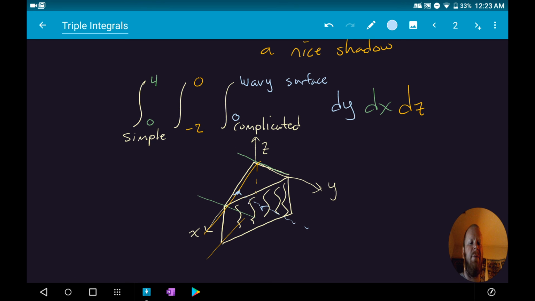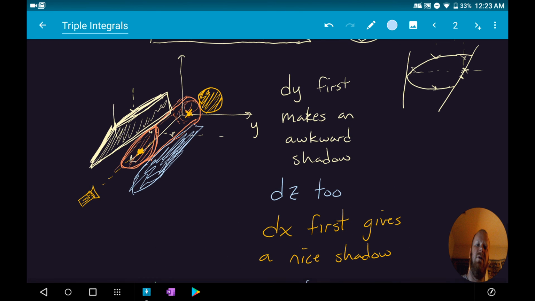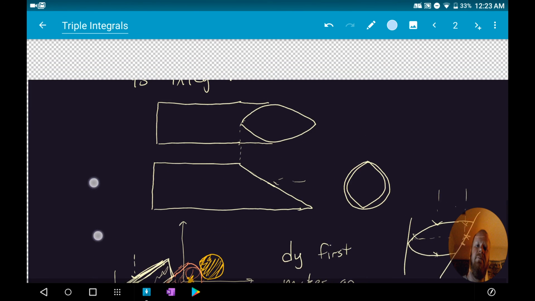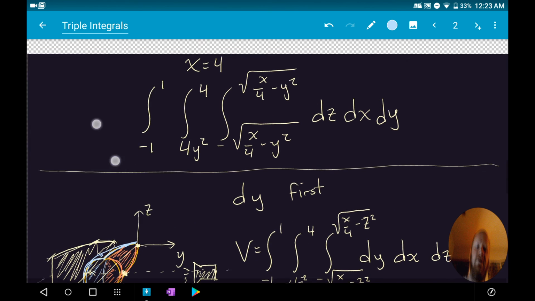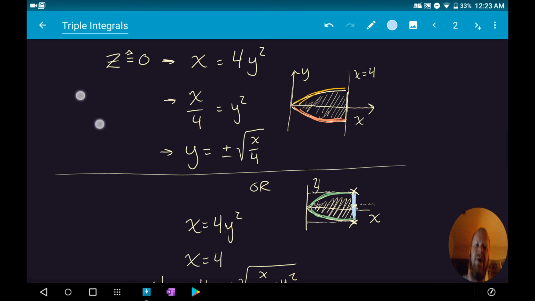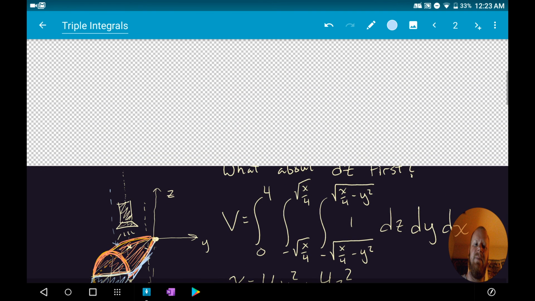The more complicated something is, the closer you want it to this inside integral, because I call these surfaces, but what they really are, if we look back to the original setup, they're really just functions of two variables.